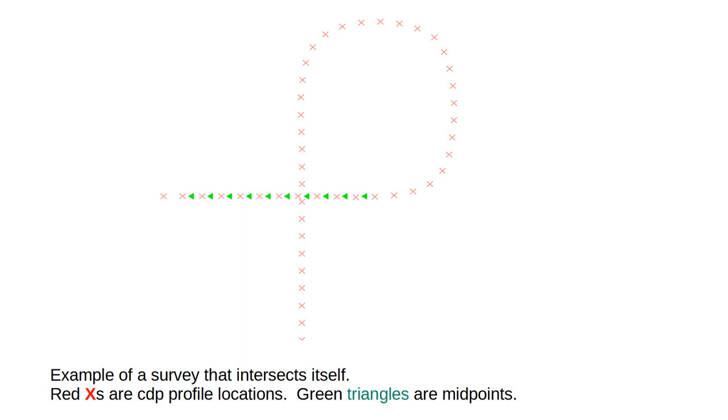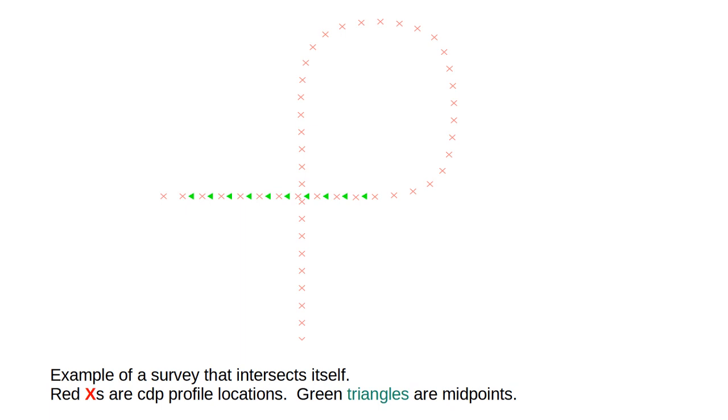The red X's are a profile which intersects itself. The green triangles are some midpoint locations which we want assigned to CDPs in the horizontal section of the profile. But a problem happens at the intersection. The midpoint near the intersection gets assigned to a CDP along the vertical section of the profile.